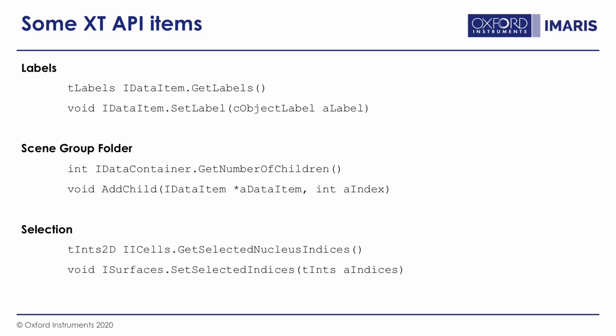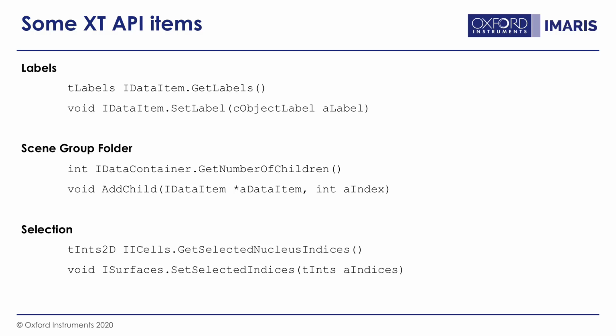To this end, you use the iDataItem class. This is the base class for many Surpass objects. So spots, surfaces, cells, and filaments, they all inherit from iDataItem and have this method getLabels.